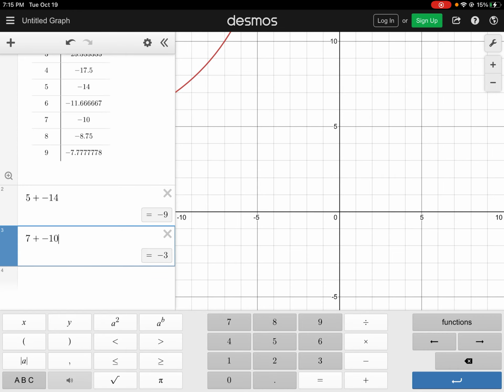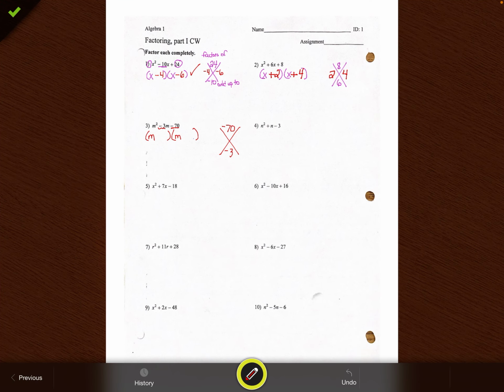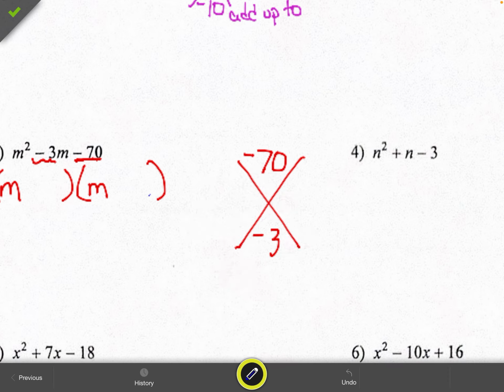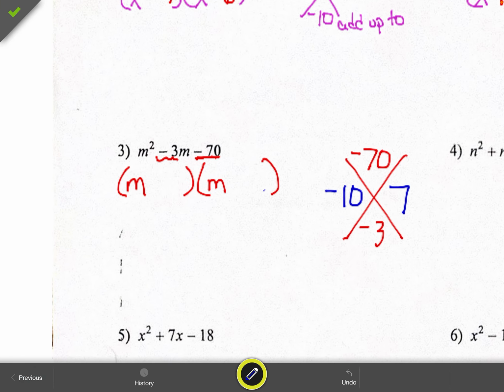Ta-da! There's my -3. So my X puzzle answers are -10 times +7 gives me -70. Negative 10 plus 7 gives me negative 3. So it works. So I come over here. Now I'm just going to take my answers. Negative 10, I'm going to write as minus 10.